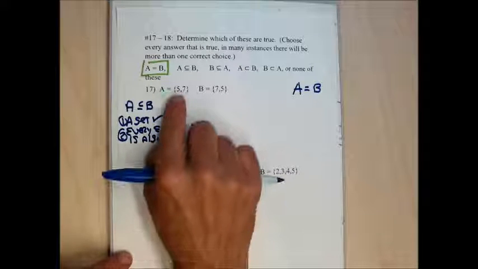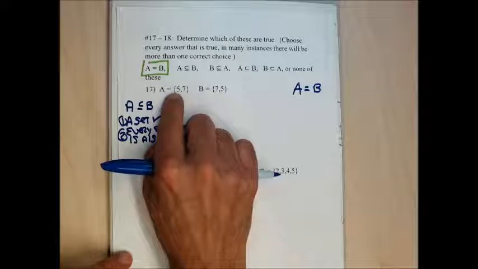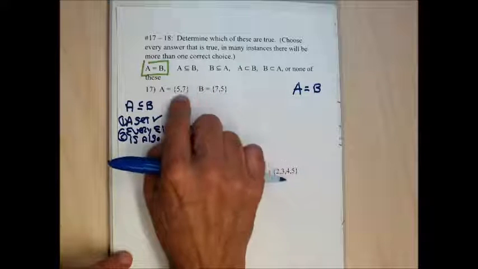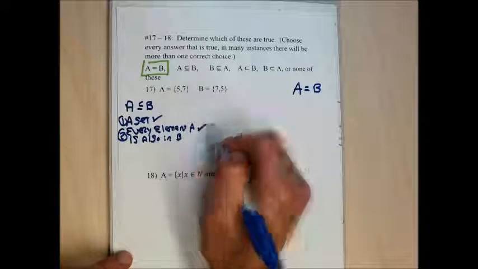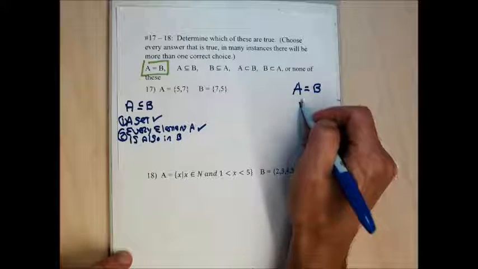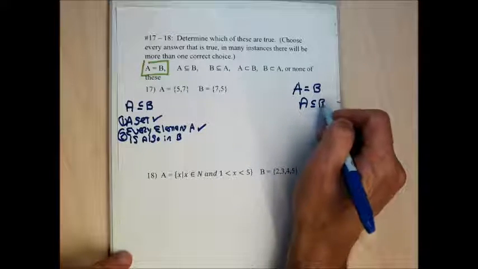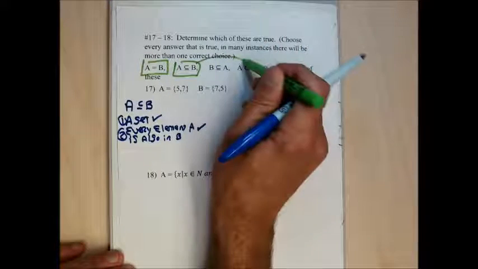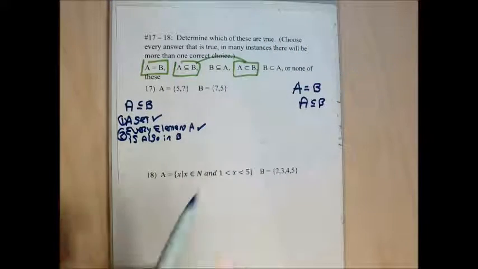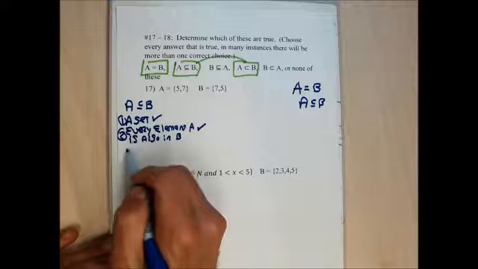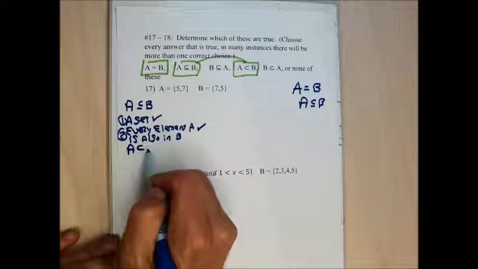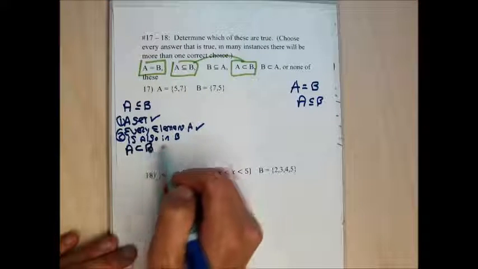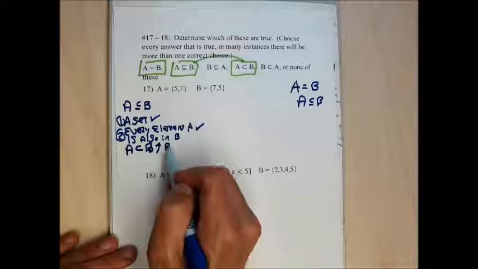Now every element in A needs to be in B. 5 is in A, 5 is in B. 7 is in A, 7 is in B. So I've satisfied both of those. So this is also a true statement. So I'm done with those two. Let me move on to this one next. We haven't talked about that in this video. To be A as a proper subset of B, I need to satisfy both those rules.